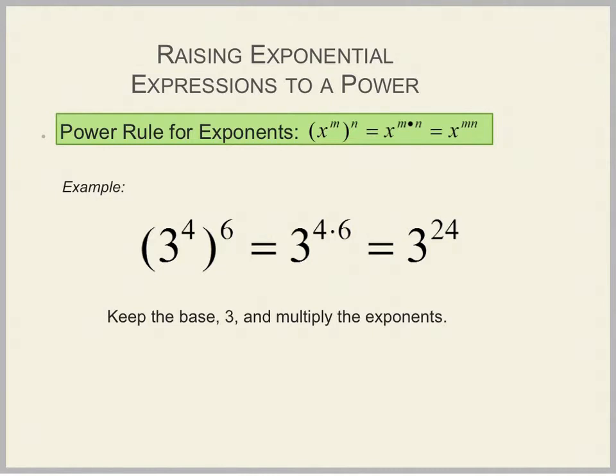Our power rule for exponents tells us that when a power is raised to another power, we multiply. So 3 to the 4th raised to the 6th power is 3 to the 4 times 6, or 24. This is because we would have 3 to the 4th times 3 to the 4th, 6 times.